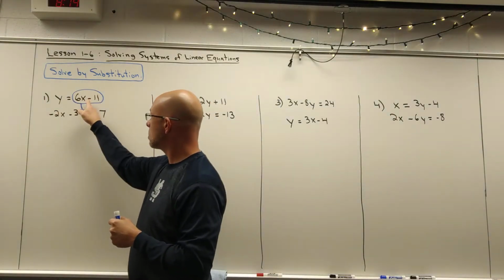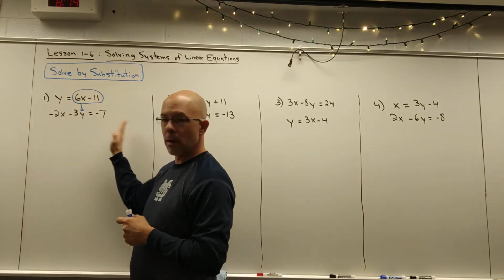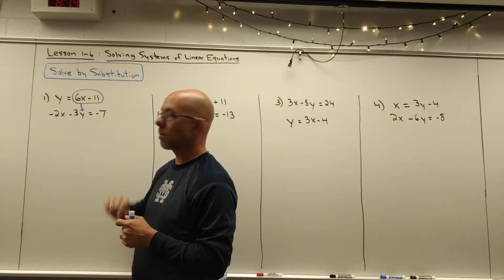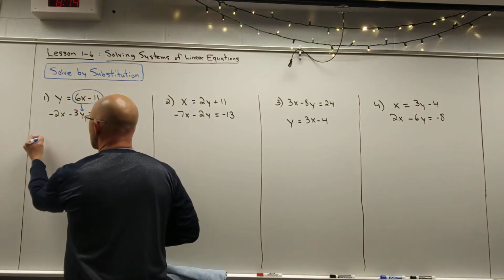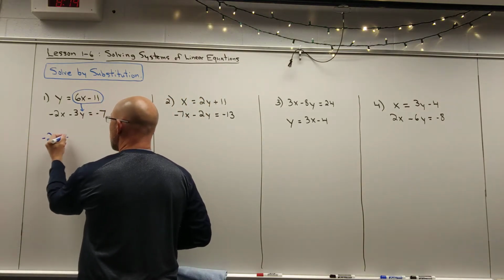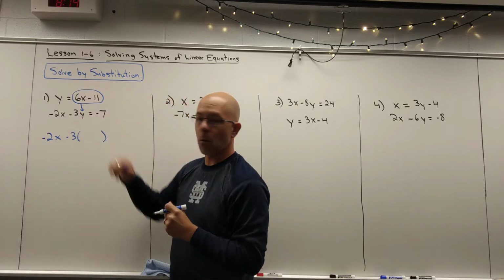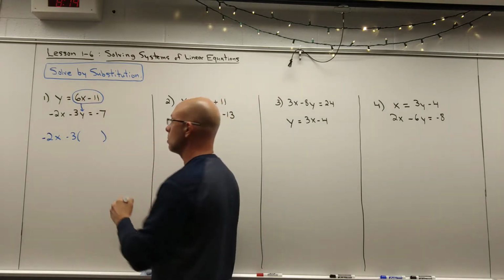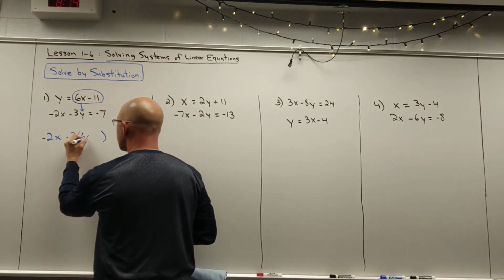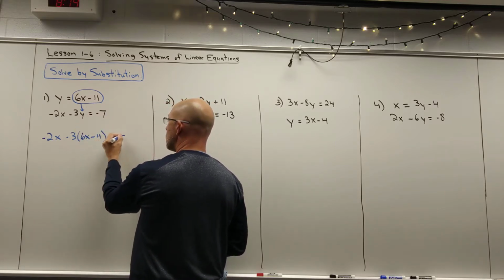If y equals this, this goes for y. Now we're going to rewrite the bottom equation with its new substitution and show you why that's important. So it becomes negative 2x minus 3 in place of that y. Get rid of the y, substitute 6x minus 11, and then finish the rest of the equation. Equals negative 7.